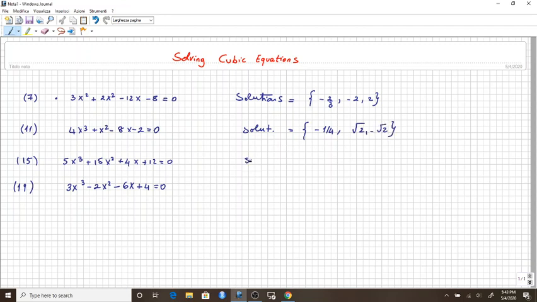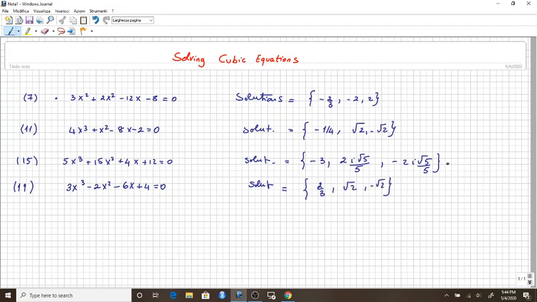For problem number 15, we have negative 3, and then the imaginary solutions are 2i square root of 5 divided by 5, and then negative 2i square root of 5 divided by 5. Notice how the imaginary solutions always come in pairs. And then the solutions for number 19 are 2/3 and then square root of 2 and negative square root of 2.